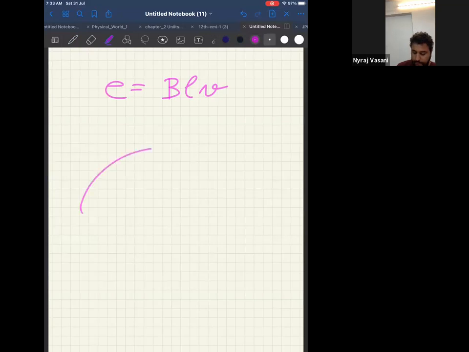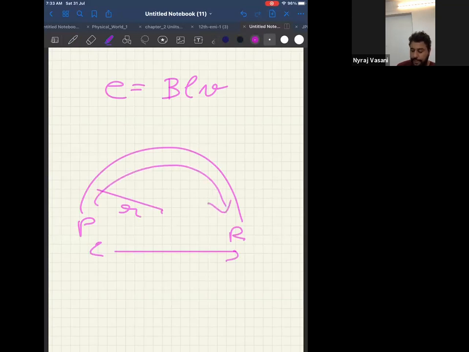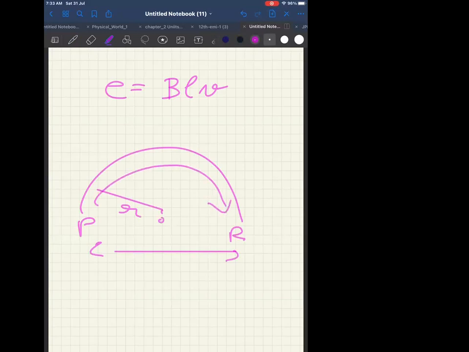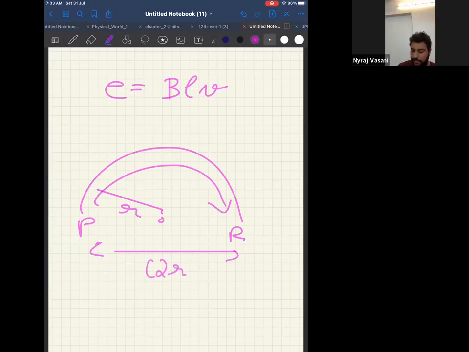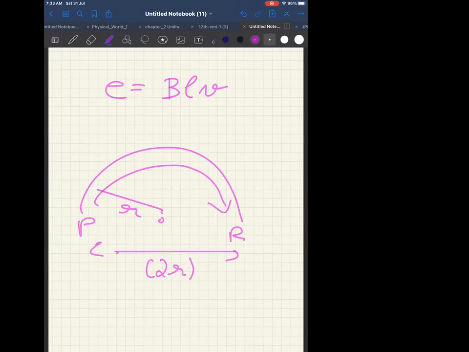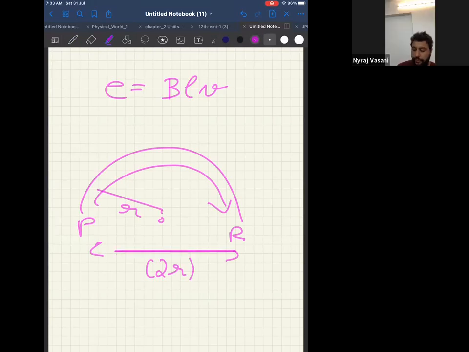Now, if it goes from P to R, tell me the total distance between P to R. Diameter, or can I say 2 into R, 2 into radius? Correct. Therefore, can I say the total length will be 2 into radius?